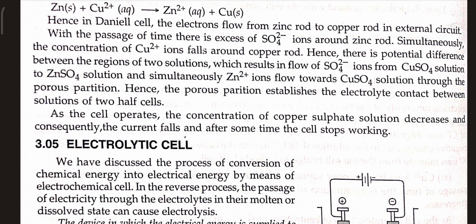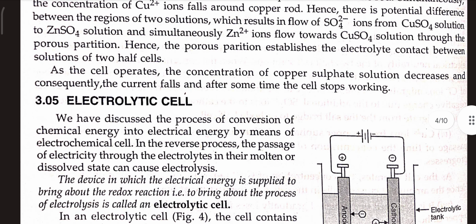With the passage of time, there is an excess of SO4 2- ions around the zinc rod. Simultaneously, the concentration of Cu2+ ions falls around the copper rod. Hence, there is a potential difference between the regions of the two solutions, which results in flow of SO4 2- ions from CuSO4 solution to ZnSO4 solution, and simultaneously Zn2+ ions flow towards the CuSO4 solution through the porous partition.